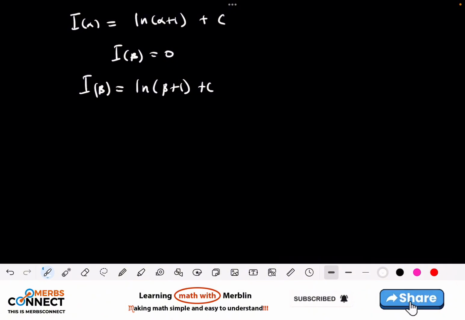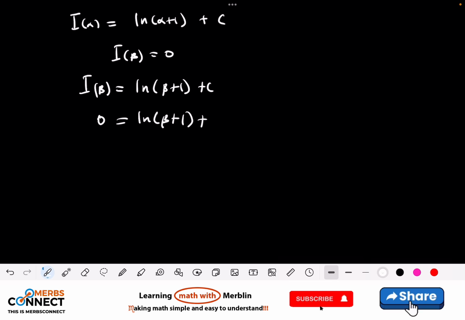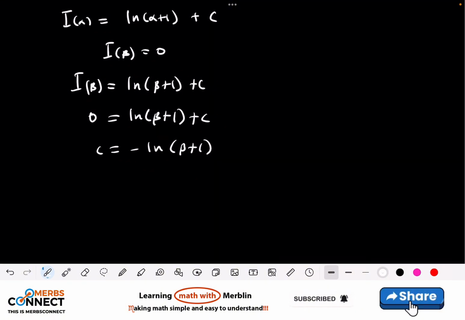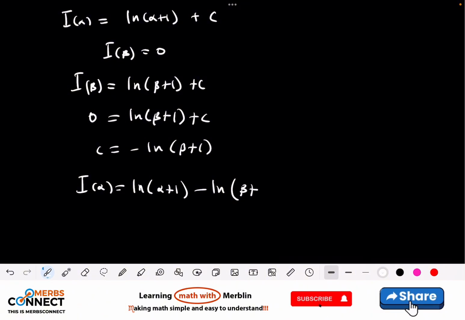So you're going to have 0 equals ln of beta plus 1 plus c, and c is now equal to minus ln of beta plus 1. So this one was so nice because we got it to be 0. So I of alpha is equal to ln of alpha plus 1 minus ln of beta plus 1.